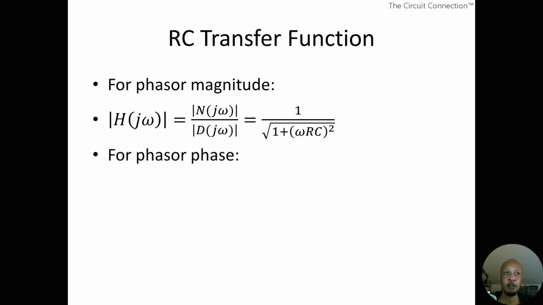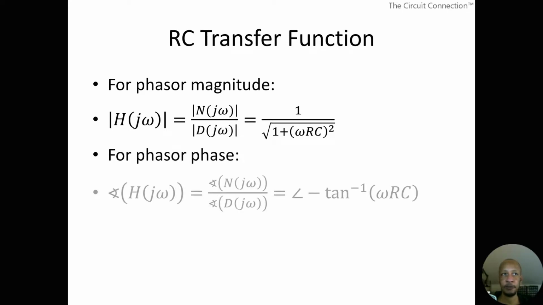Now for the phasor phase in this circuit, you're going to have the angle of H of jw. Then you're going to have pretty much about the same setup here. You're going to take the angle of the numerator and you're going to divide it by the angle of the denominator as a phasor quantity.